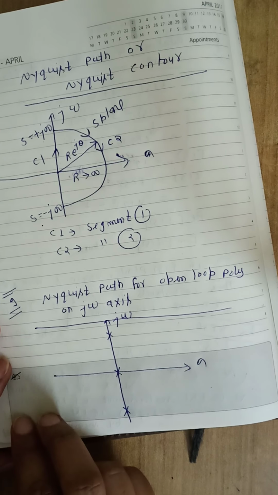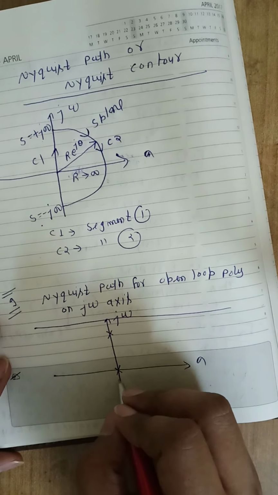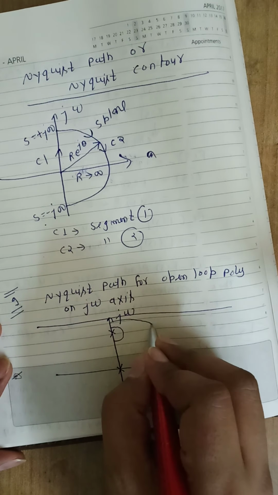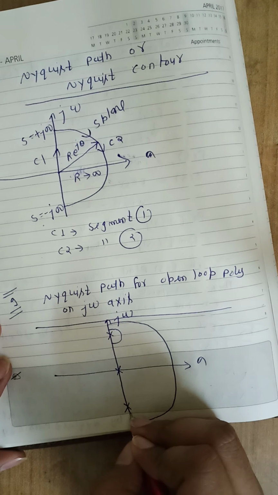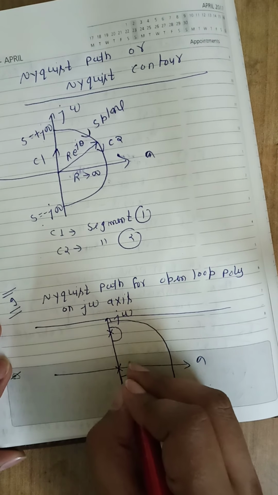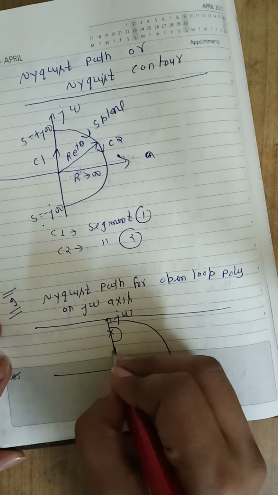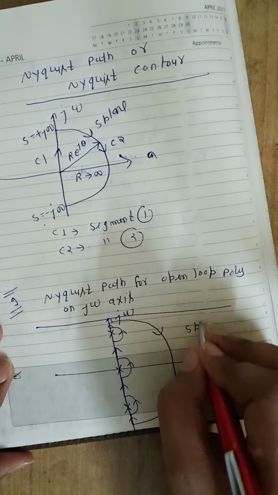So in this case, we can define the Nyquist path like this. So this is a Nyquist path in S-plane.